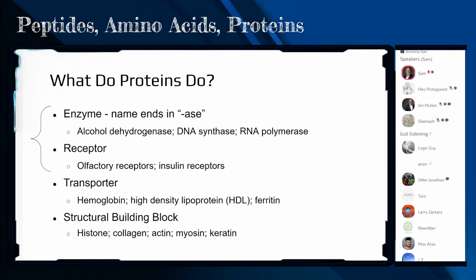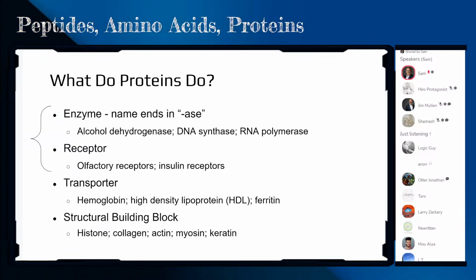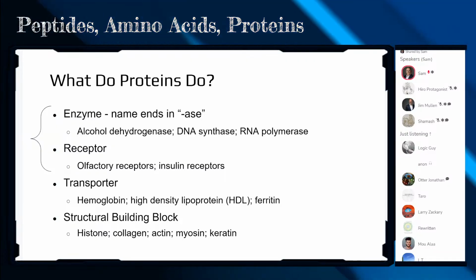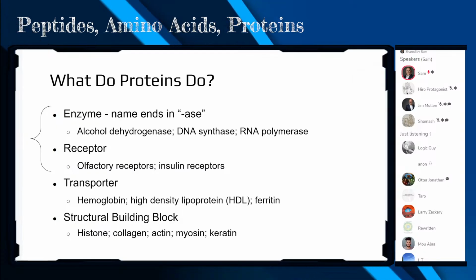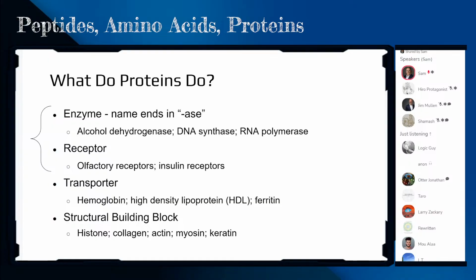Another thing that proteins do in the body is that they transport things from here to there. So many things in the body are not water soluble, and so you basically use a protein that is water soluble to encase that and take it here and there.